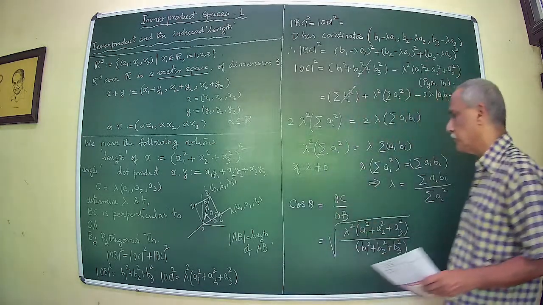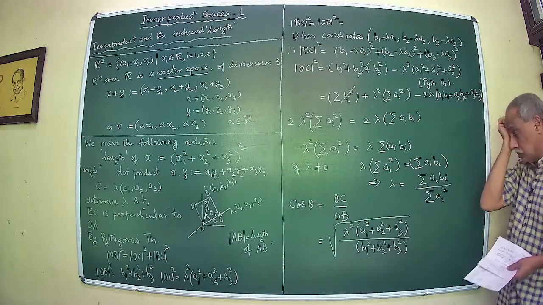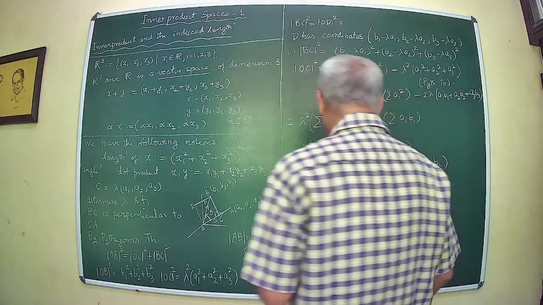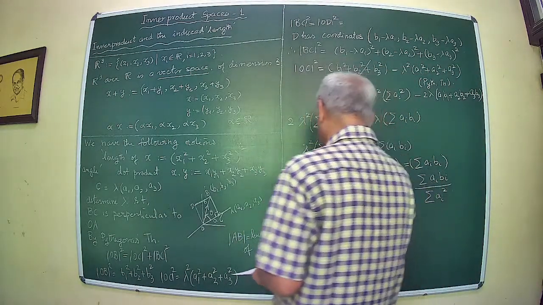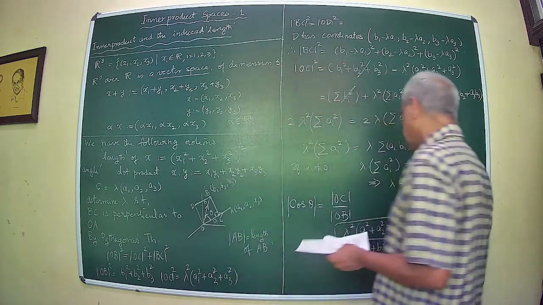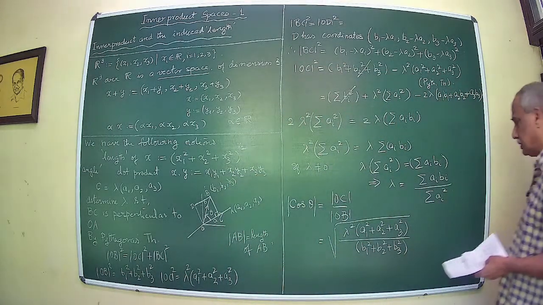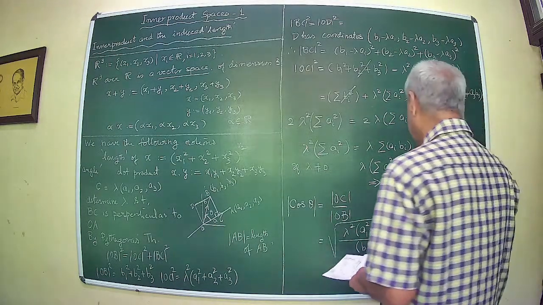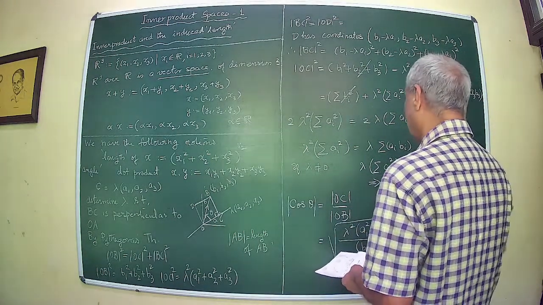I am just computing the magnitude of cos theta. So the magnitude of cos theta is going to be the positive square root of this, and this you can now substitute lambda.